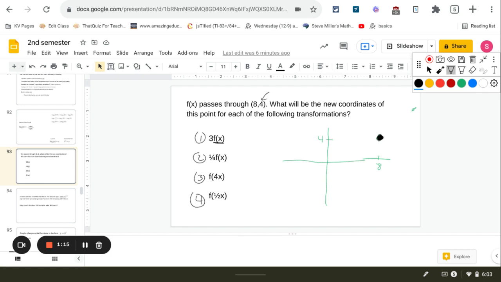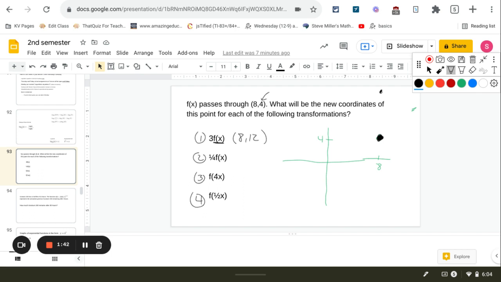So the new location is going to be (8, 12). My x value stays the same, but my y value is going to triple. I would take this original point, and it would get stretched further away from the x-axis by a factor of 3. It would get multiplied by 3, so it would become (8, 12).